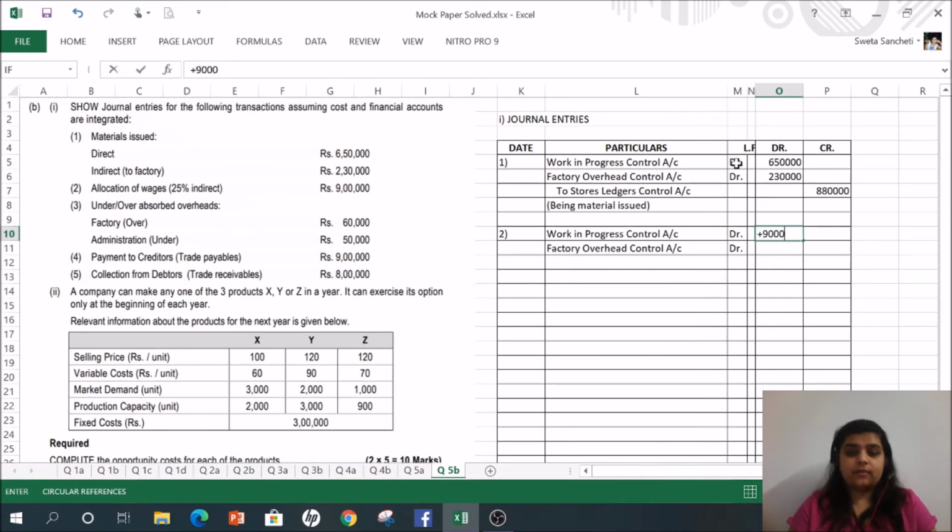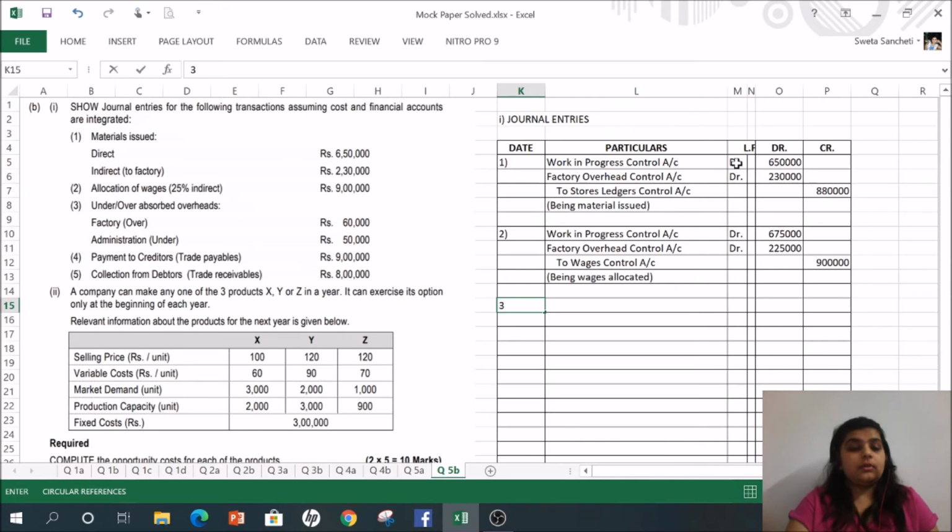That means 75% is direct. To wages control account, a total of 9 lakhs, being wages allocated.